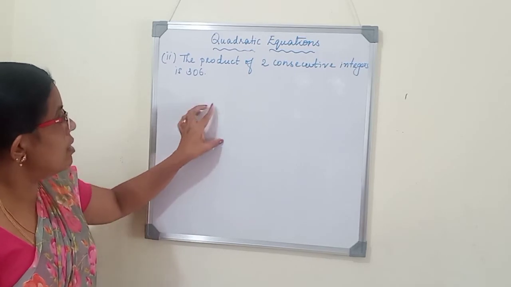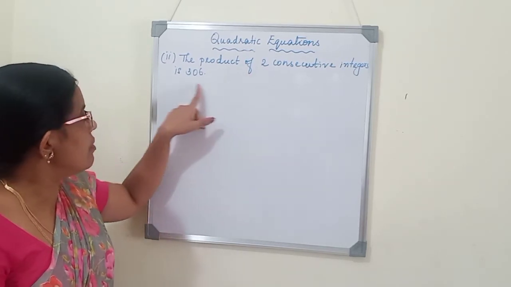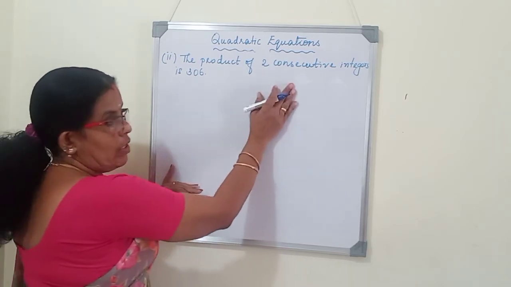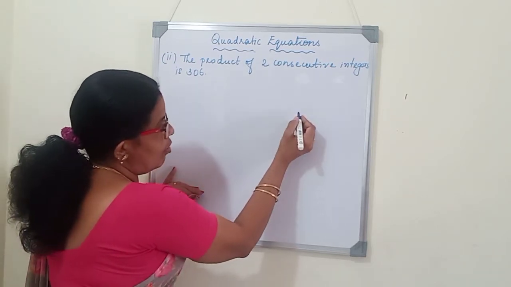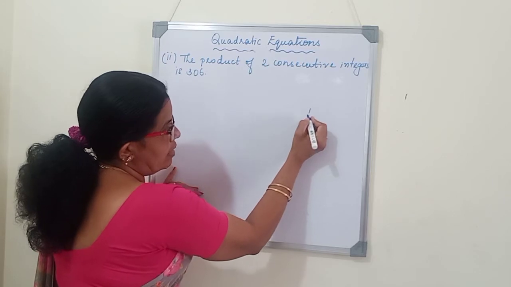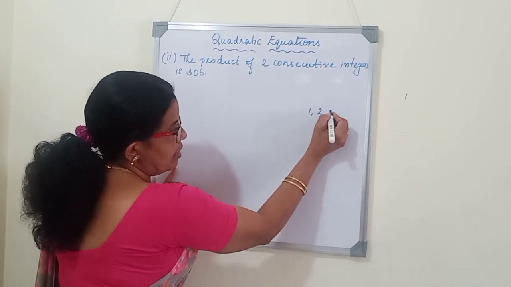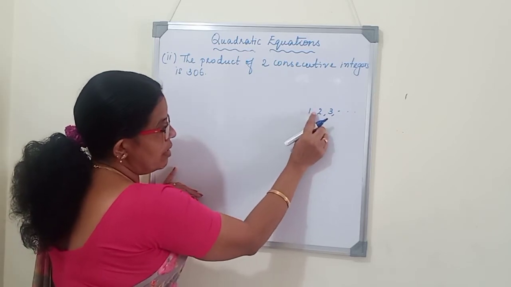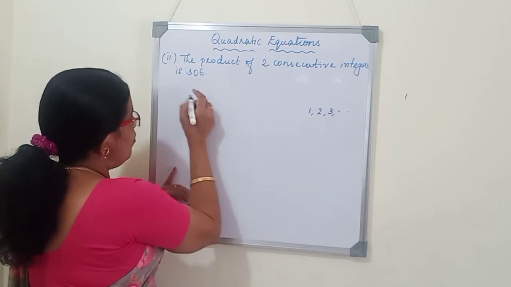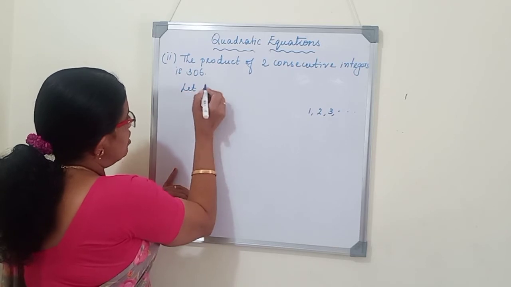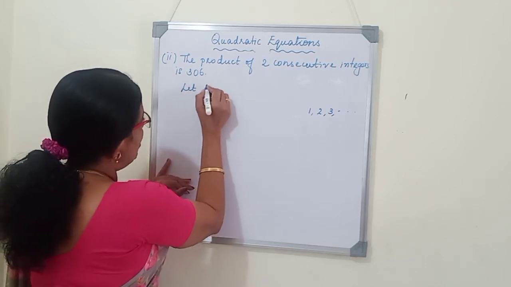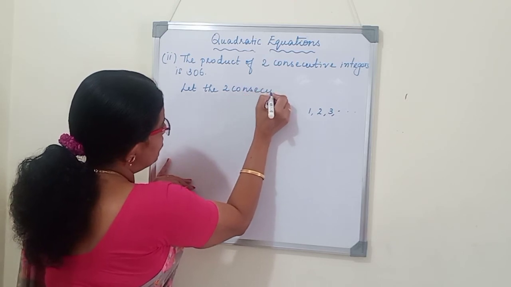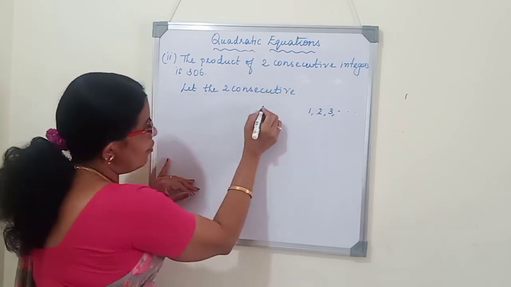The second question is, the product of two consecutive integers is 306. So, which are the two consecutive integers? When we consider normal integers, 1 is an integer, next integer is 2, next integer is 3, like this. So, when we write consecutive integers, we write the next number. Let the two consecutive integers be, in terms of x.